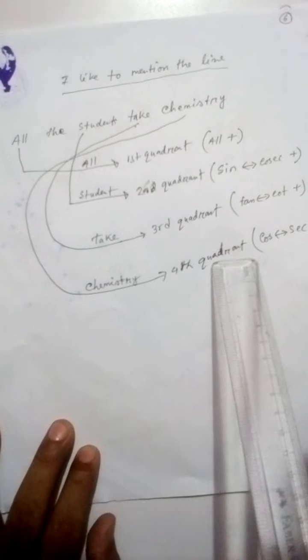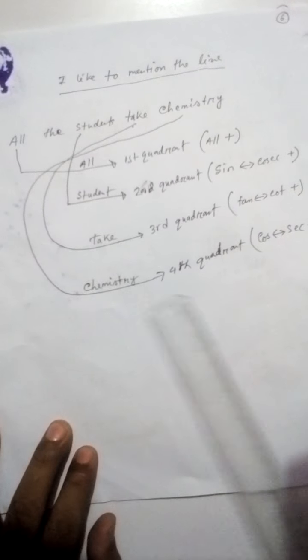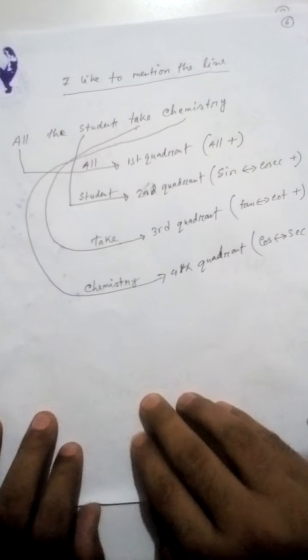Take, that means third quadrant, first letter T, so tan and inversely cot are positive in the third quadrant, otherwise negative. Chemistry, that means fourth quadrant, first letter C, so cos and inversely sec are positive in the fourth quadrant, otherwise all the ratios are negative in the fourth quadrant.